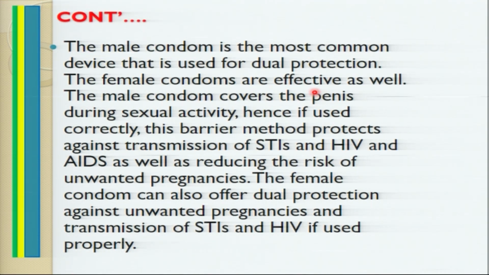Because if you are protecting from the transmission of STIs and HIV/AIDS, you are also reducing the risks of unwanted pregnancies. The female condoms can also offer dual protection against unwanted pregnancies and the transmission of STIs and HIV/AIDS, if it is used properly.